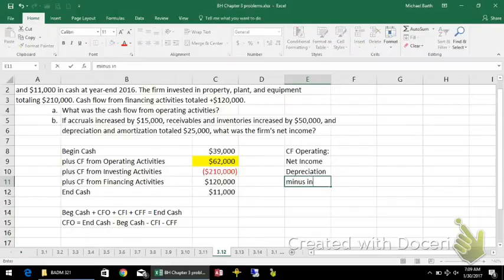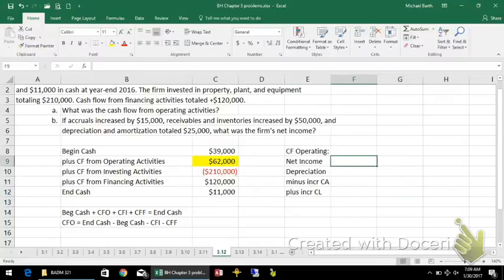Minus increase in assets, or increase in current assets, plus increase in current liabilities.